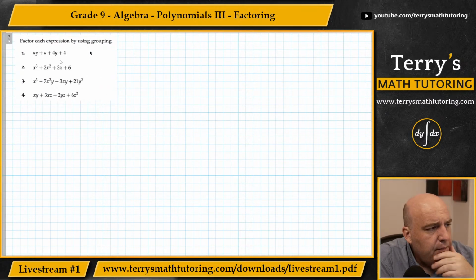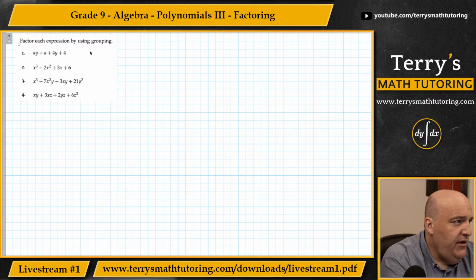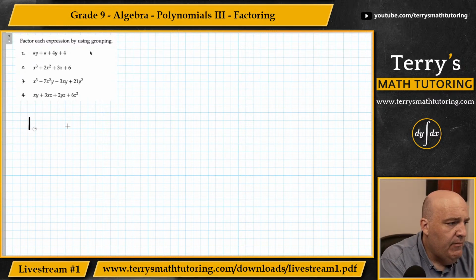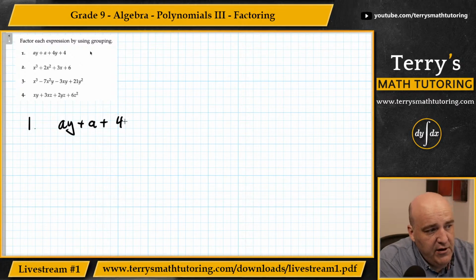So grouping, like I mentioned, is going to have 4 terms. Notice all these have 4 terms. And let's see how these go. This is a different style of factoring. Notice there's nothing common here.